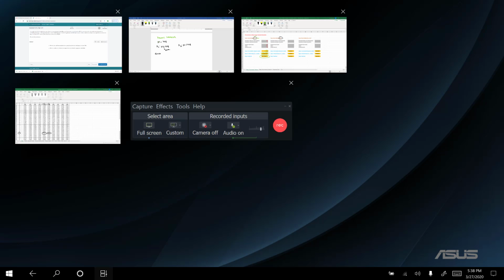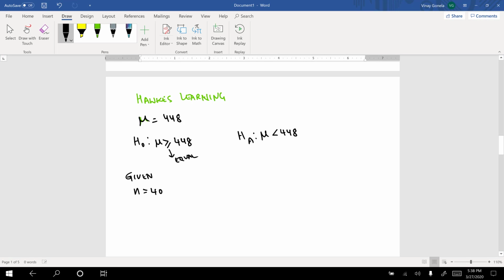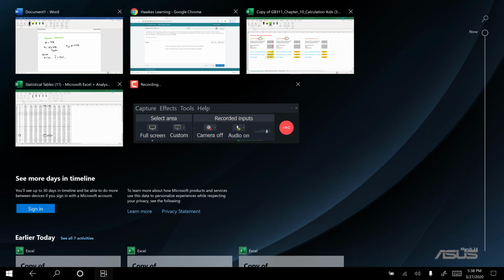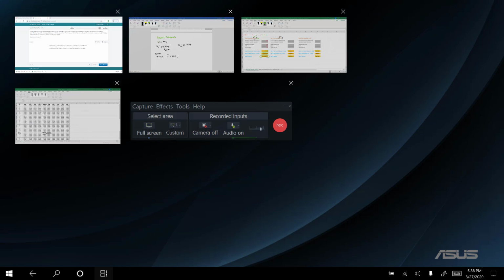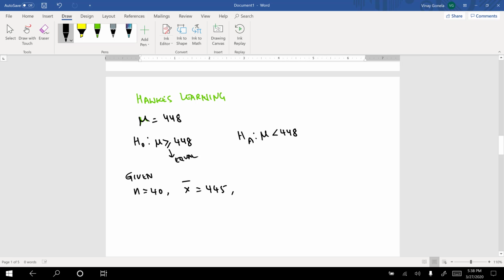So our sample n is 40 and x bar is 445, and then what else is given? A level of significance of 0.05 will be used. So 0.05 significance level, alpha is 0.05.